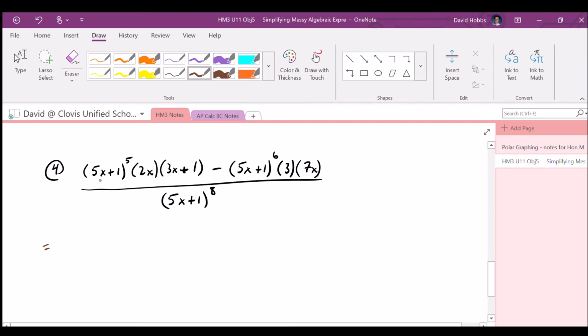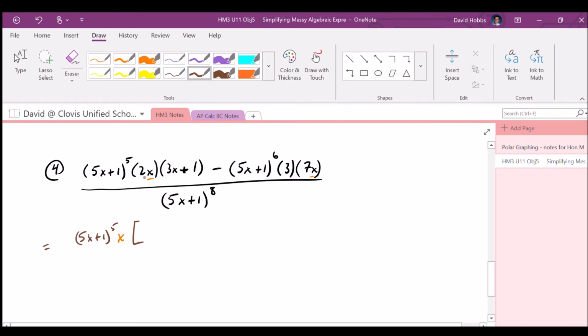So I notice there's a GCF of (5x plus 1) and 5 of them in common to the numerator. So (5x plus 1) to the 5th. Okay, and I also see an x in common as well in the numerator. So x. Okay, now what's left behind?